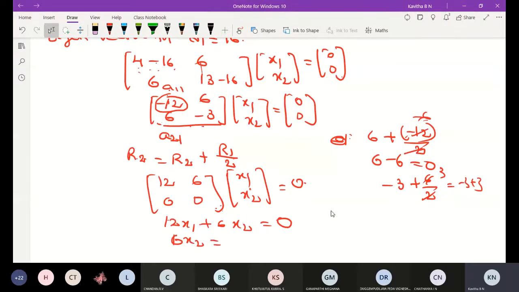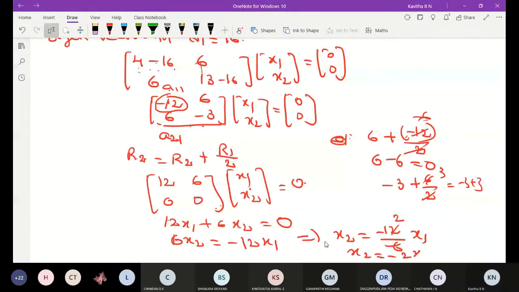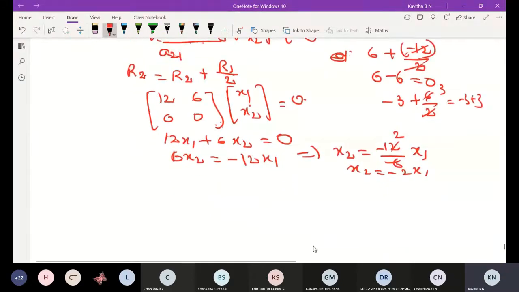This implies x2 is equal to 12 by 6 into x1, which means x2 is equal to 2x1. Then take x1 is equal to 1, and x2 will become 2.